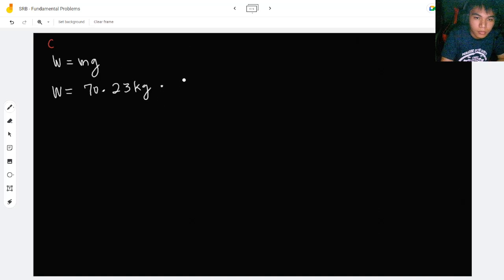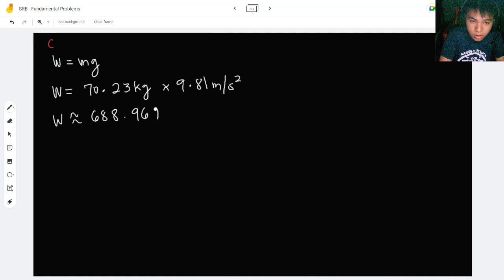times 9.81 meters per second squared, to make it not confusing. And again, this is the SI unit for newtons, and when you compute for this, I'm just gonna round it off. This will be approximately 688.96 newtons.